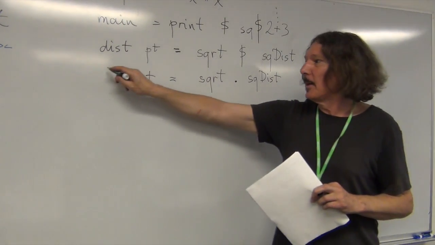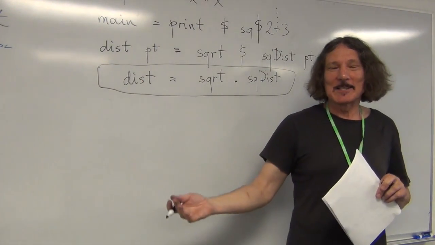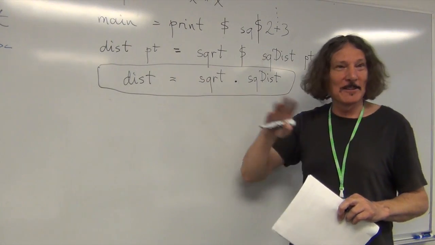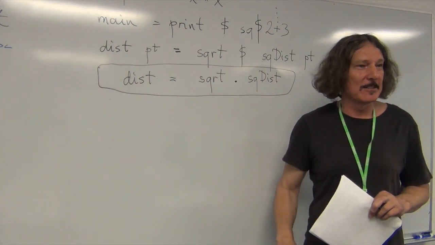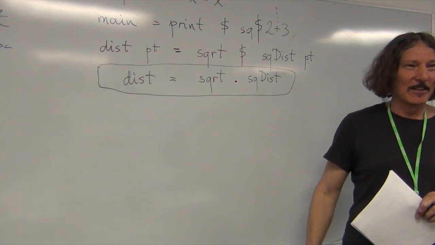But this is a much nicer notation. Well, some people say much nicer. Some people say this is unreadable. And the funny thing is it's called point-free notation. Why? Because it has a point. Crying out loud. Why is it called point-free notation?